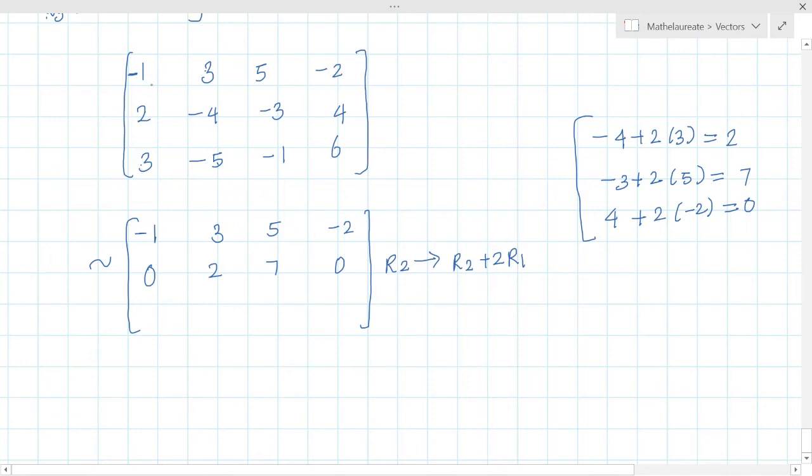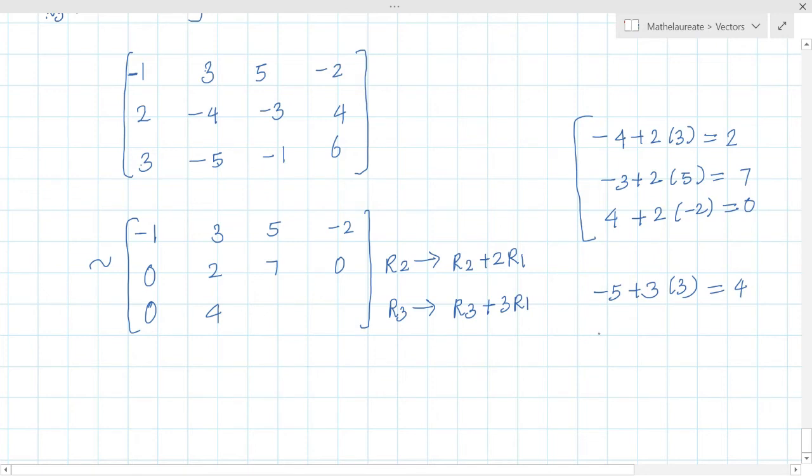Third row first term is 3, and here we have negative 1. So new R3 is R3 plus 3 times R1. Here if we do 3 minus 3, we make it 0, the first term. Coming to the second term, minus 5 plus 3 times the corresponding term 3. Minus 5 plus 9 is positive 4.